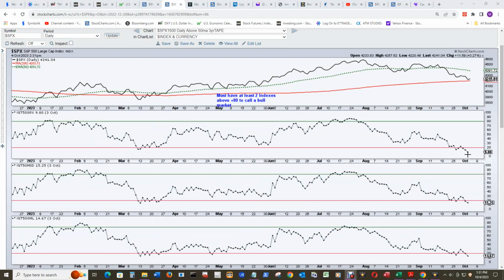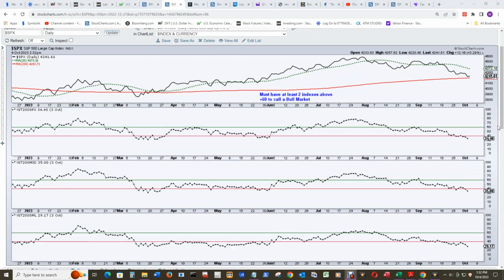And again, the last dot is for October 3rd, and this is the 50 simple moving average. And again, plus 80 to call a bull, 20 and under to call a bear. So all three are under 20.